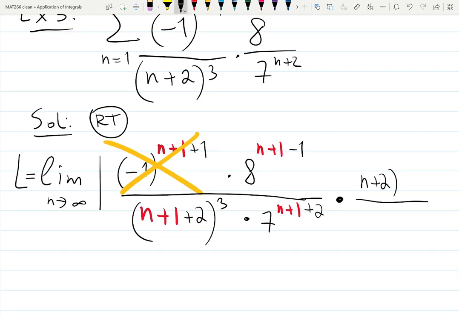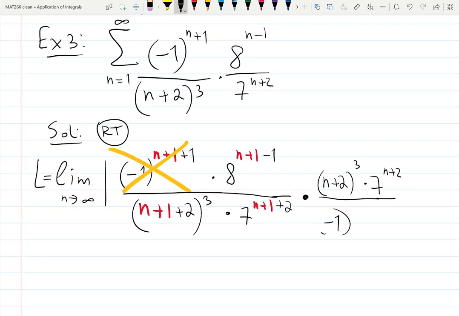N plus 2 cubed goes to the numerator, 7 to the n plus 2 goes to the denominator. This minus 1 thing, I will copy it only once for today. N plus 2 denominator, 8 to the n minus 1 denominator. Because of the absolute value, we don't care about negative 1s. Just don't even waste your time on this. When I see it in the book, they keep consistently writing it down. But why? Absolute value of negative 1 is 1. Why would you do that?